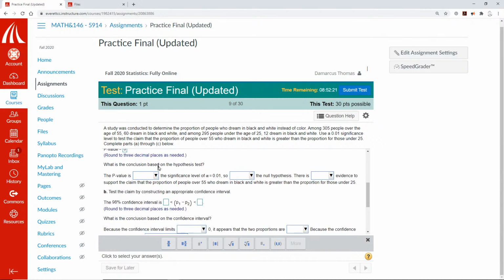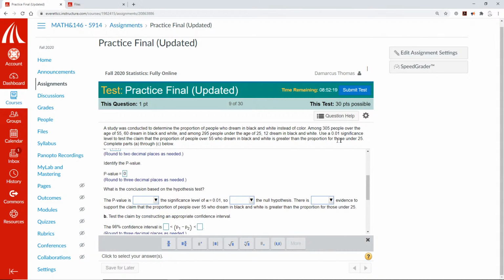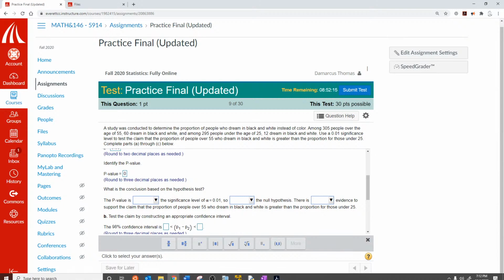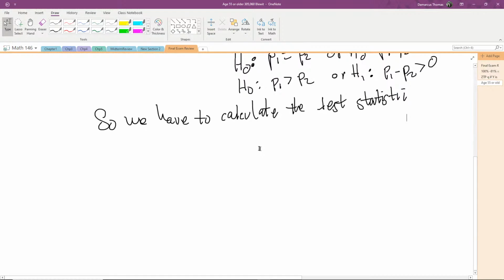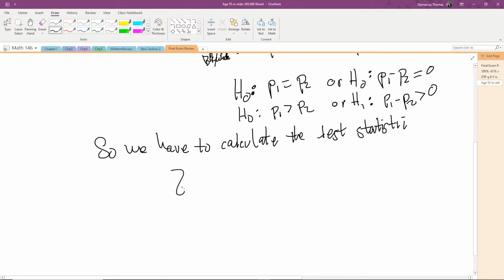What is the conclusion based on the test? Well, because the p-value is smaller than 0.01, let's just back up. We got 5.81, and the p-value is equal to 0.